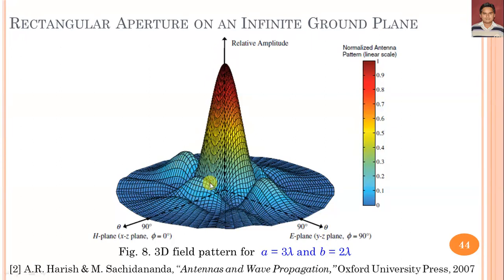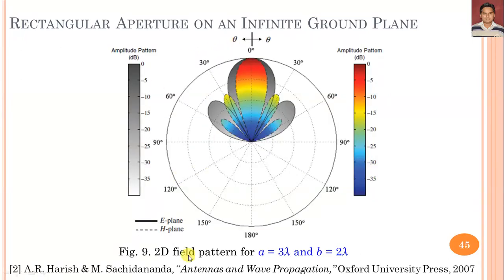Then you can see the maximum lobe in the direction of z, and when we draw this 3D pattern in 2D form, you can see the important analysis for both planes.